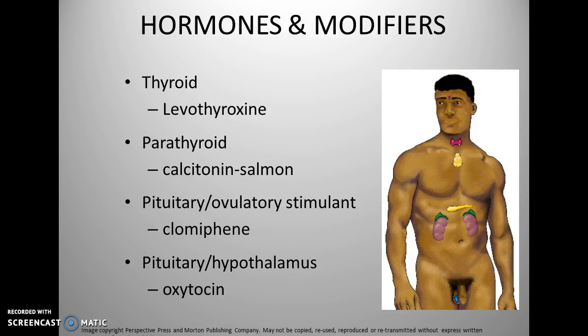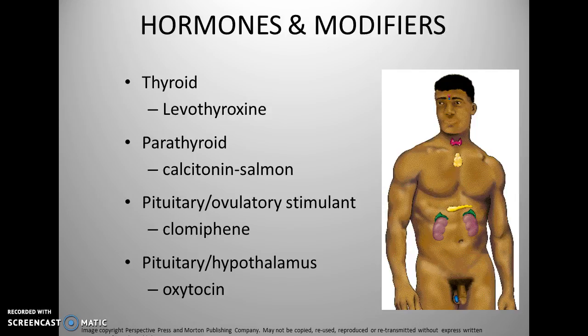Okay, let's move on to hormones and modifiers. Again, let me share with you some background information dealing with this particular category. When we talk about hormones, we're talking about substances that are secreted and are part of the endocrine system.